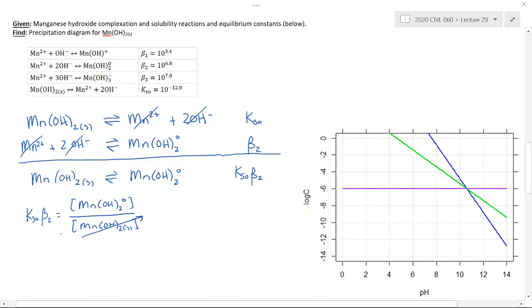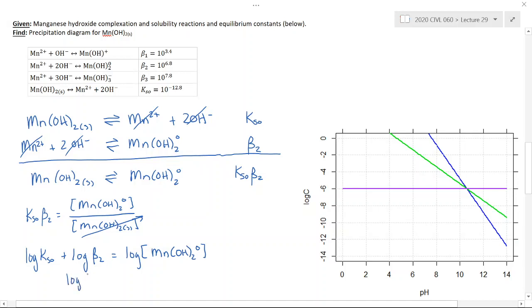And so if I take the log of both sides, I have log KSO plus log beta 2 is equal to log manganese hydroxide complex. So I can rewrite this and then put in all of the constants.